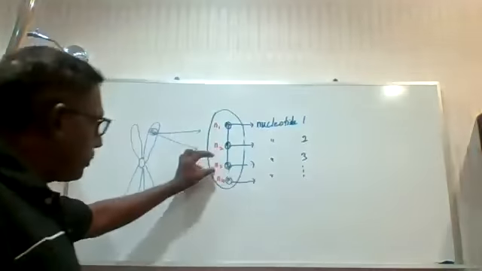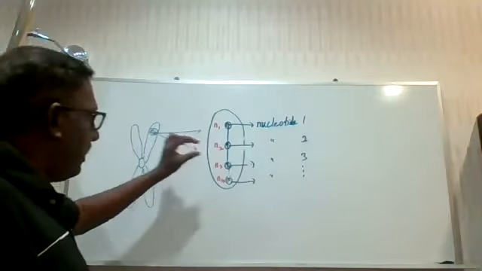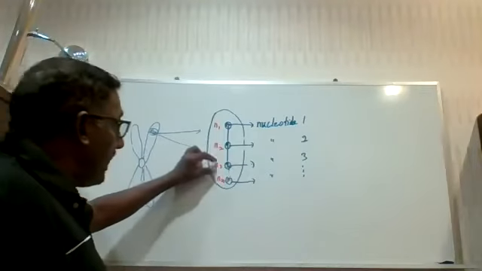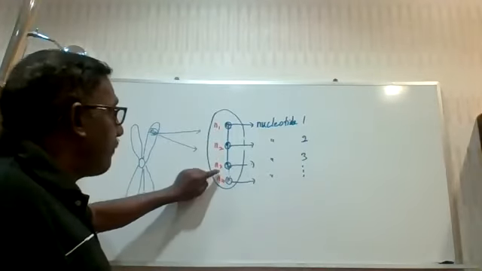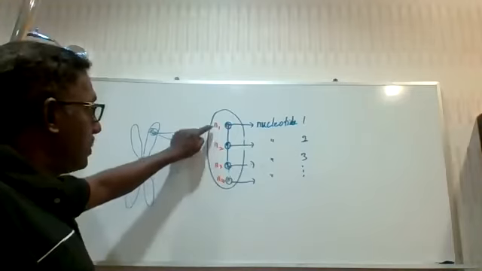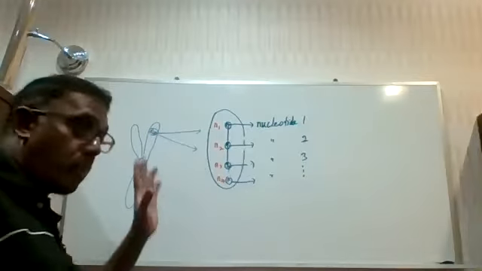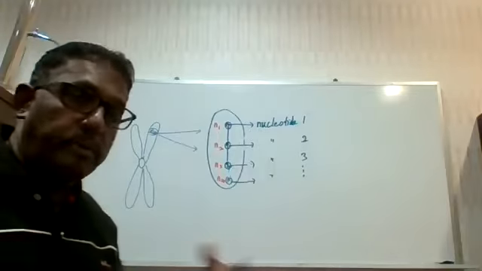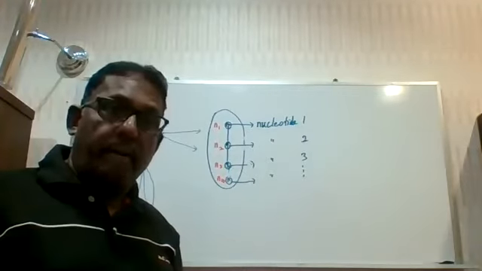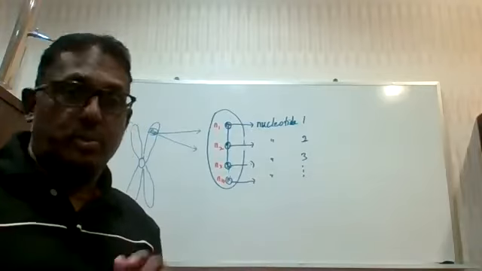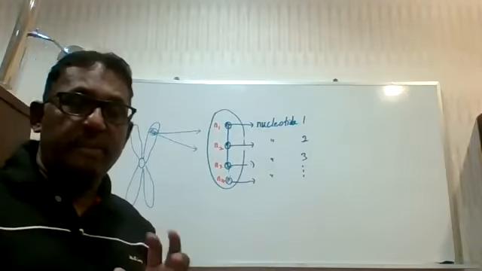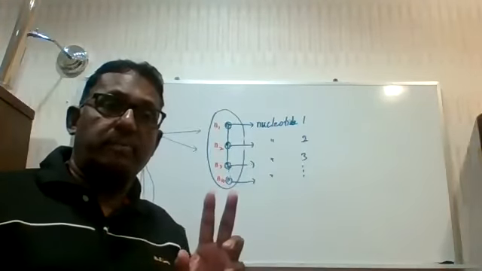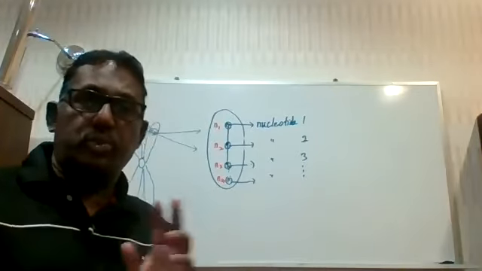So let's stick to the nitrogenous base. This one, N3, has been removed, but it is replaced with N5. So the sequence is 1, 2, 5, 4. That is also wrong. That also makes the gene abnormal, non-functional. This is called substitution. So the second type of gene mutation is substitution.